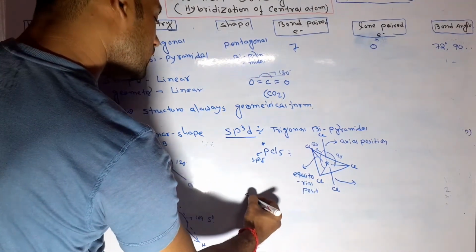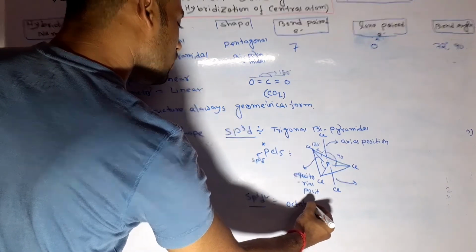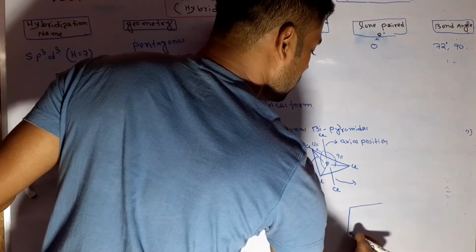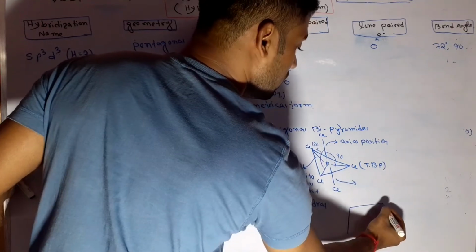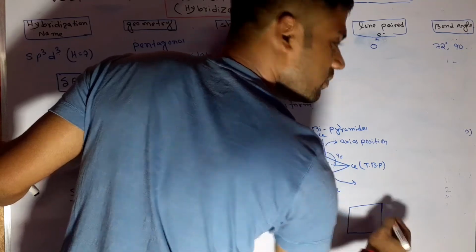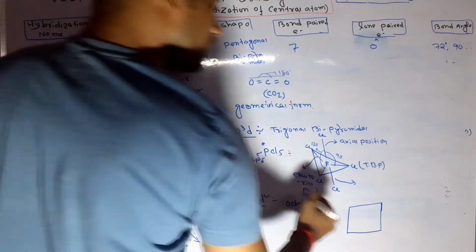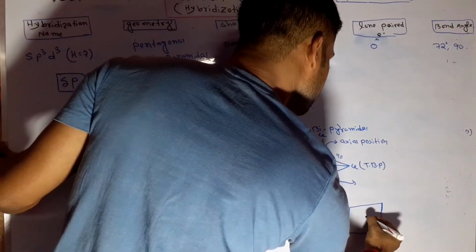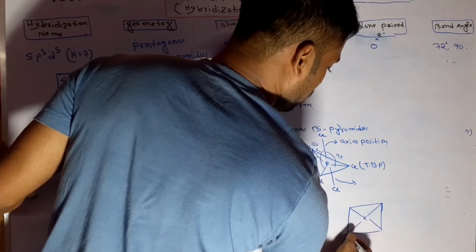Then the next is sp3d2, octahedral shape. What is the octahedral geometry? This is the form of the TBP, trigonal bipyramidal structure, and this is the octahedral structure. Suppose in a particular compound, this is the central atom X, this is the axial position, and this is the equatorial position.